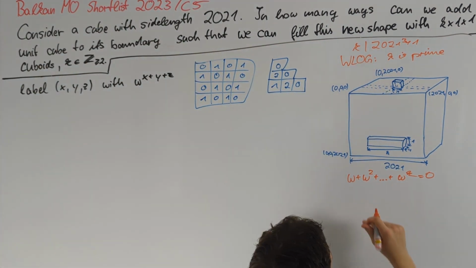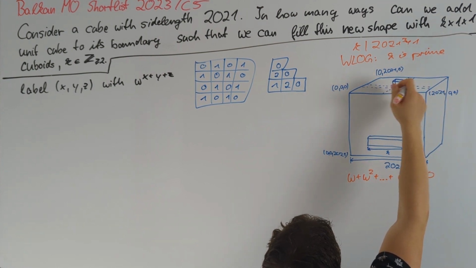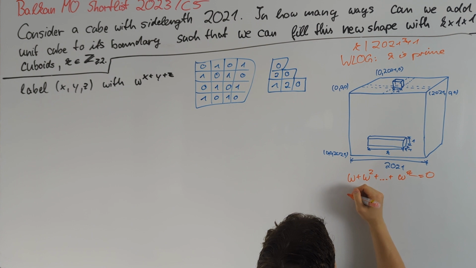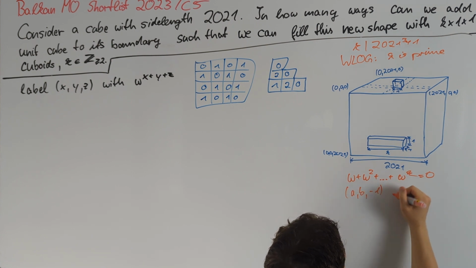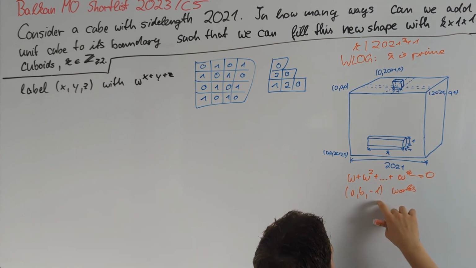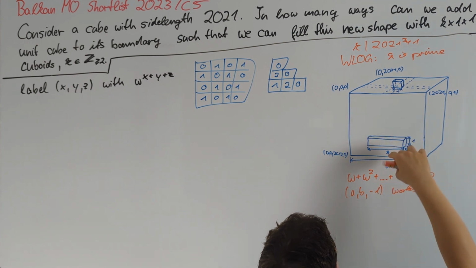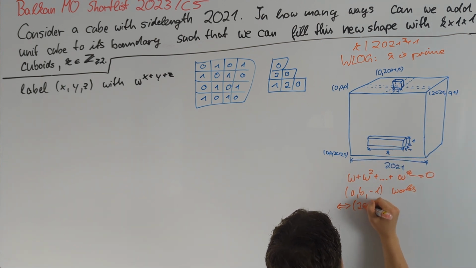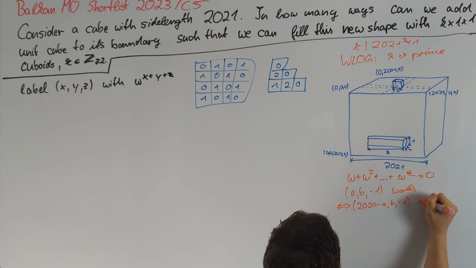Namely, let's, without loss of generality, work on the top of our cube. So if a, b, minus 1 works, so if this is a coordinate of a small cube for which there exists such a k, then 2022 minus a, b, minus 1 also work.